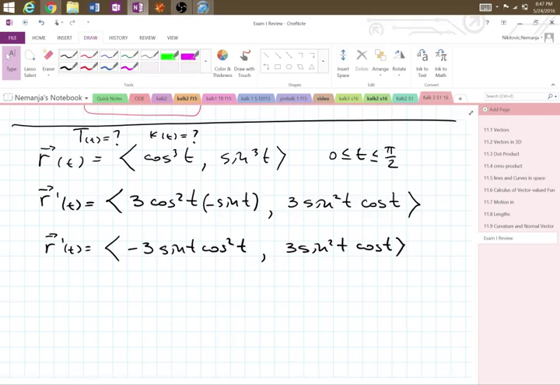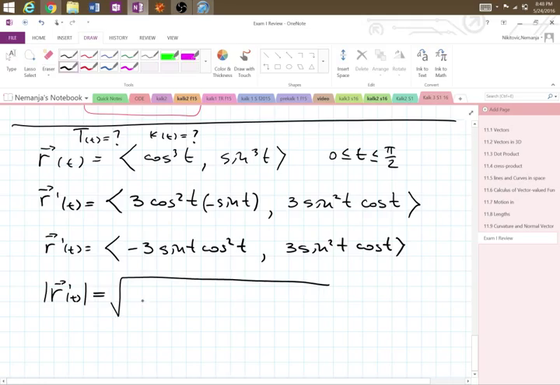Understood. The next piece is to find the unit tangent vector by dividing r prime by the magnitude of r prime. Square the first one, it's 9 sine squared cosine to the 4th t plus 9 sine to the 4th t cosine squared t.